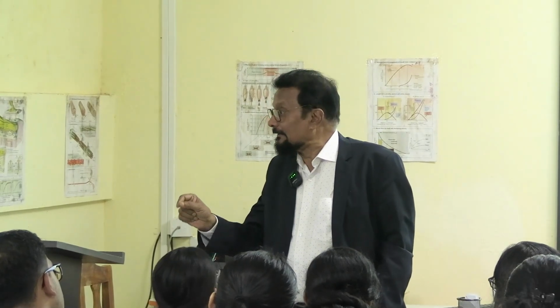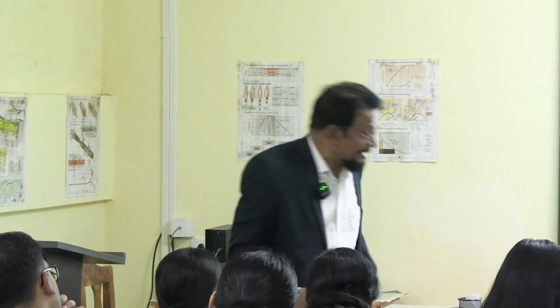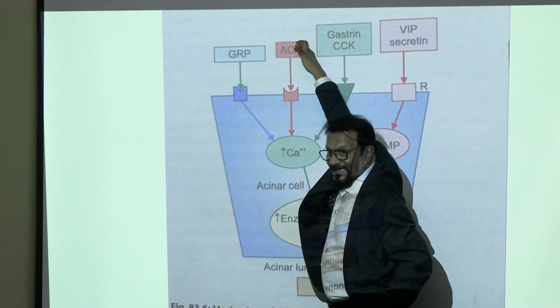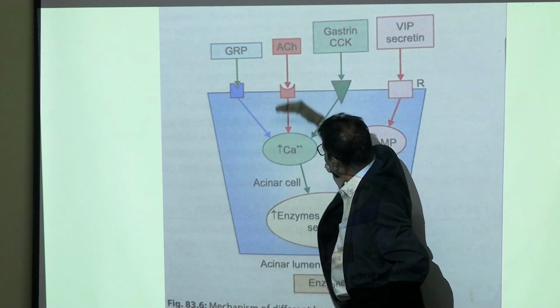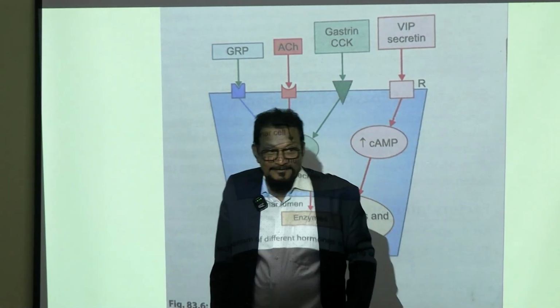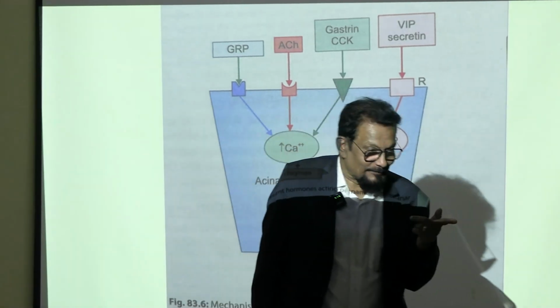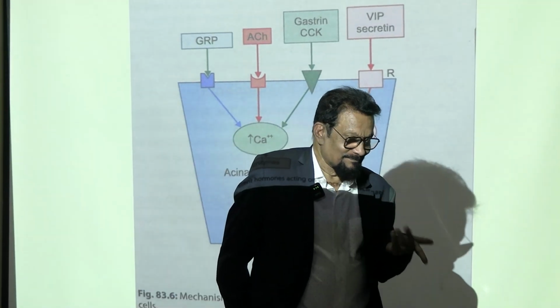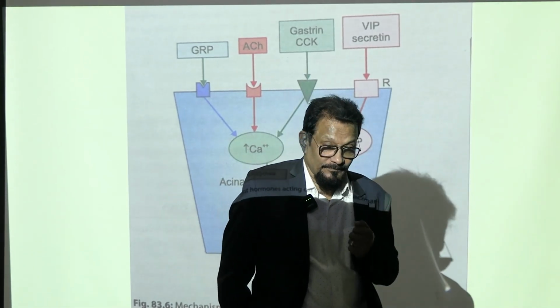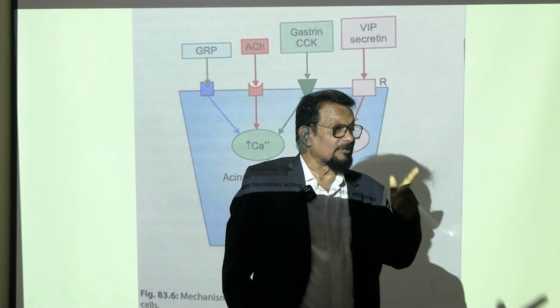From this ganglion, a postganglionic fiber will be generated, and this fiber ending will liberate acetylcholine. This acetylcholine will bind with this receptor and increase the calcium level, and it will cause secretion. See, my thinking process alone can cause secretion of pancreatic acinar juice. These are called psychic stimuli.